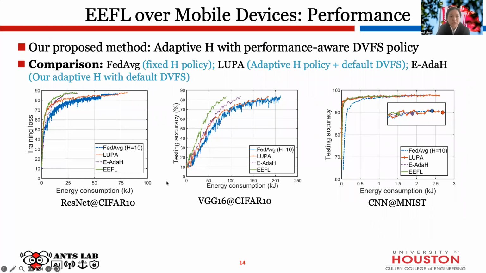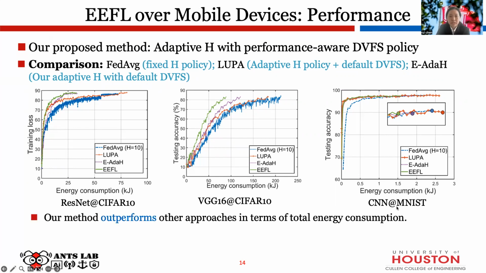We compare with three different baselines. First is federated averaging, where we consider a fixed edge policy. And LUPA is the state-of-the-art adaptive edge policy, where we consider a default DVFS scheduling. And we also consider E-adapt edge, which is our proposed method with the default DVFS scheduling.